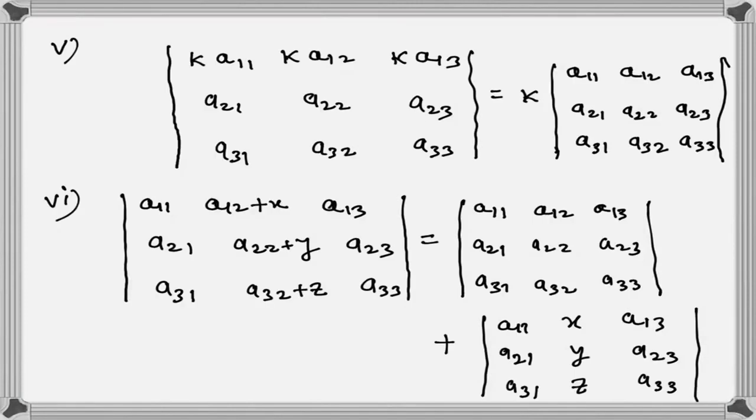So the seventh property is the determinant of a product of two matrices.